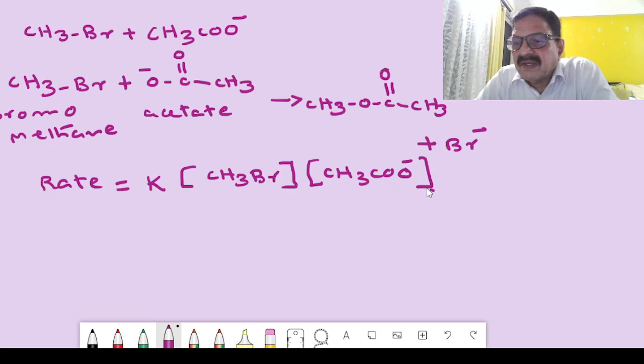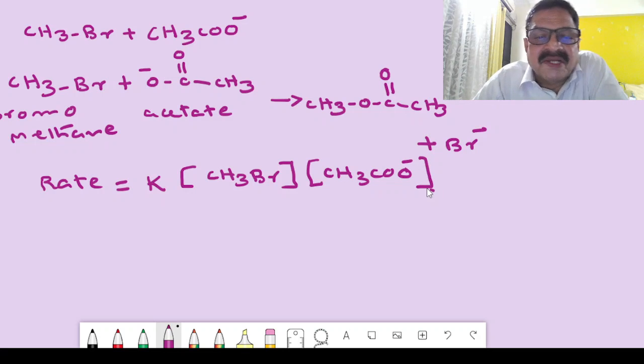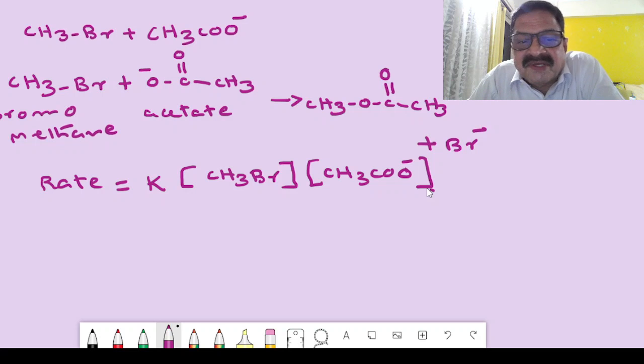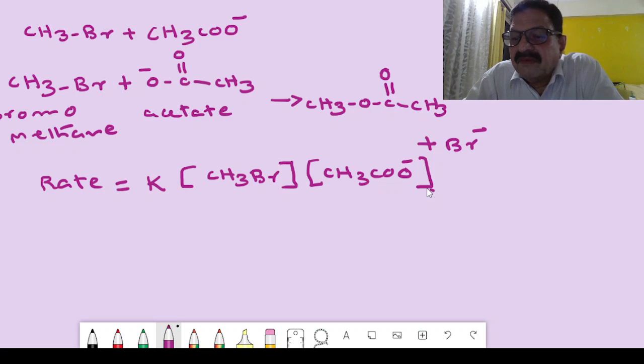So the reaction rate depends upon the concentration of the two reactants, that is the acetate anion and methyl bromide, or bromomethane. The rate depends upon the concentration of both the reactants. In the rate equation, the concentrations of two reactants, the nucleophile as well as the substrate, are figuring.